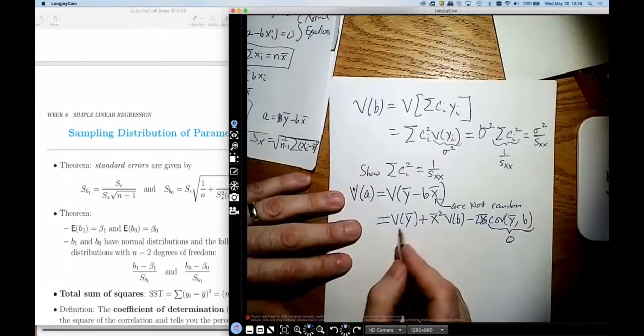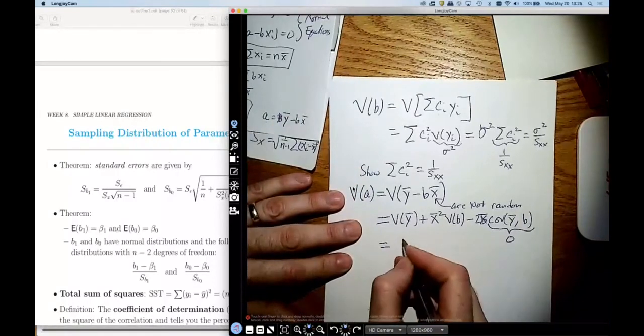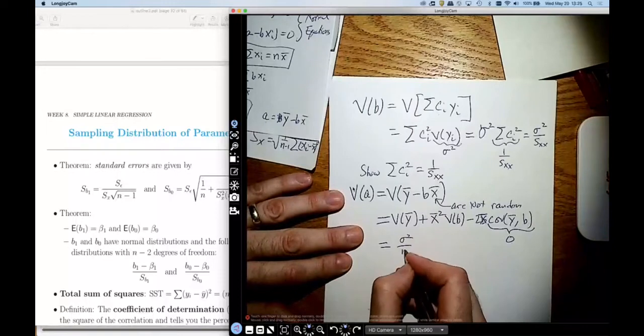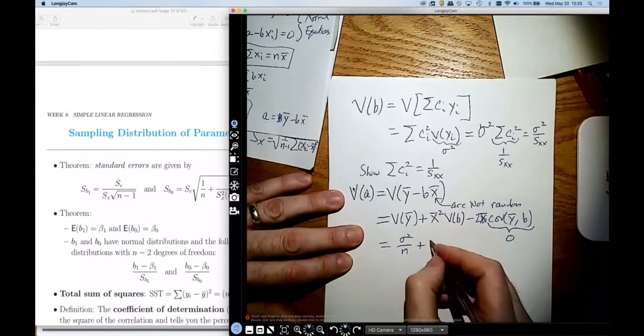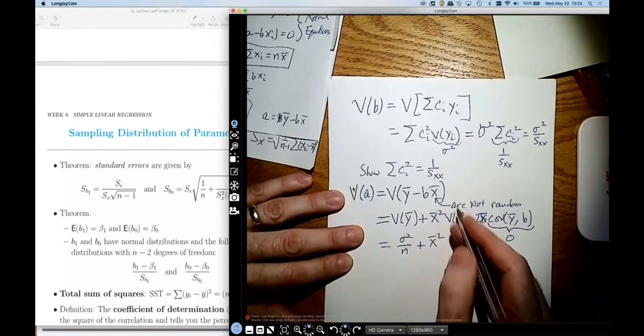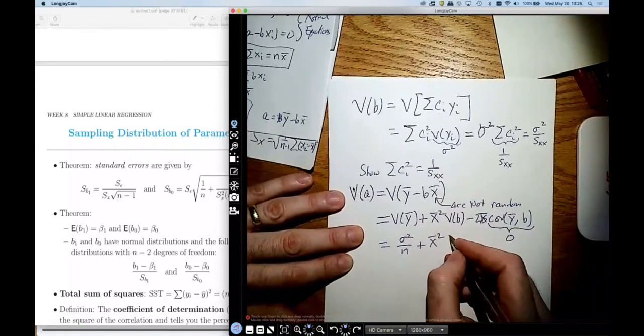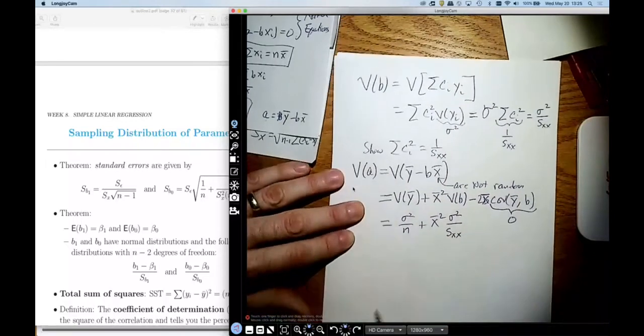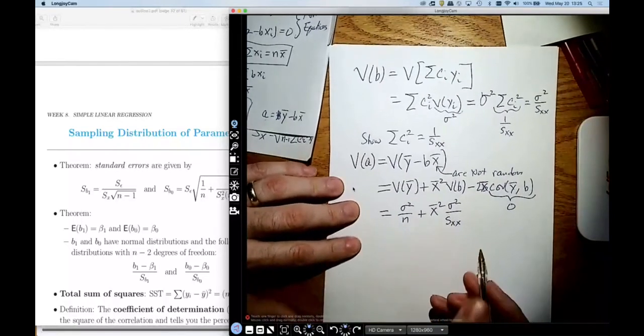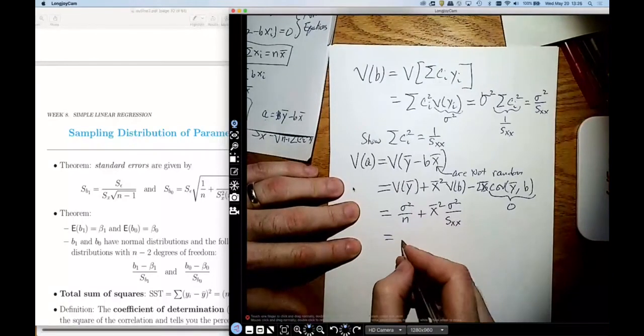What do we have here? Well, the variance of a sample mean is just sigma squared over n. And what I have here is x bar squared. What's the variance of b? We just found that to be sigma squared all over Sxx. So we could factor out the sigma squared if we like.